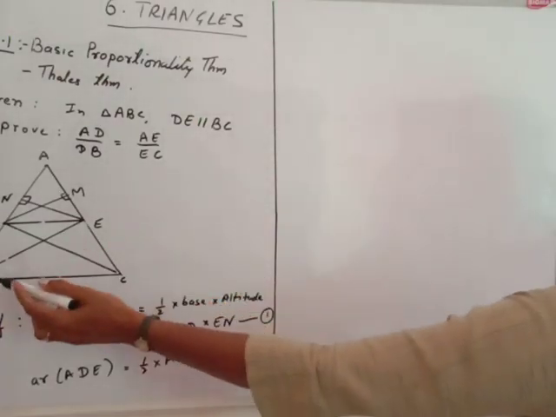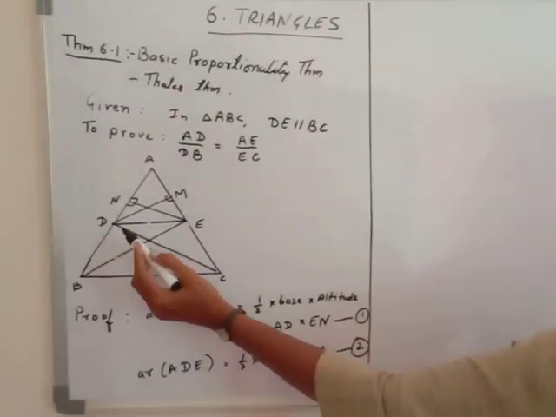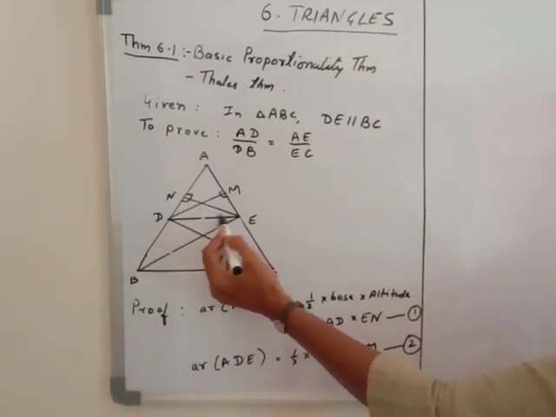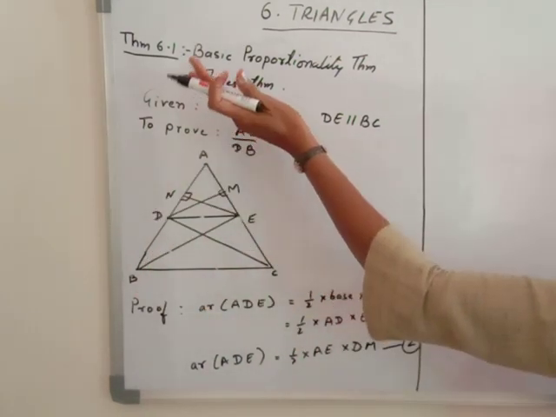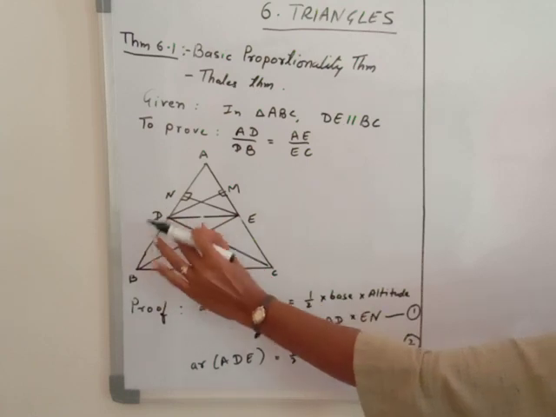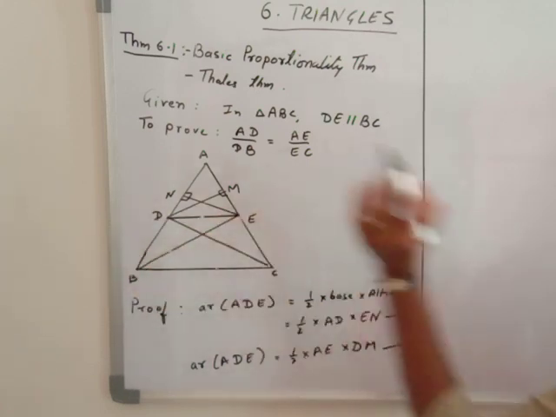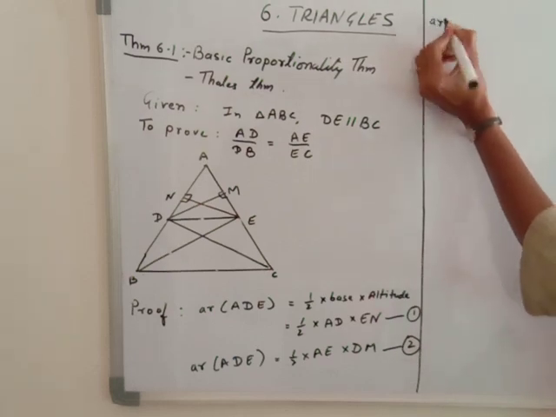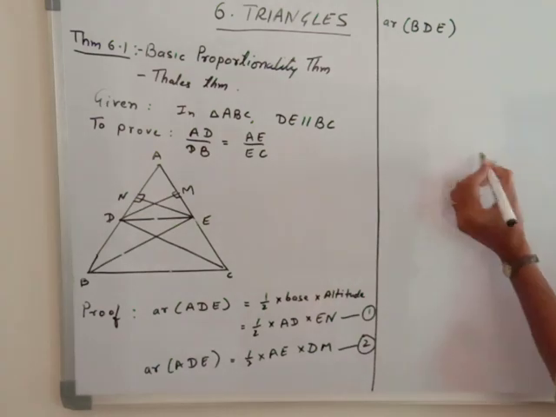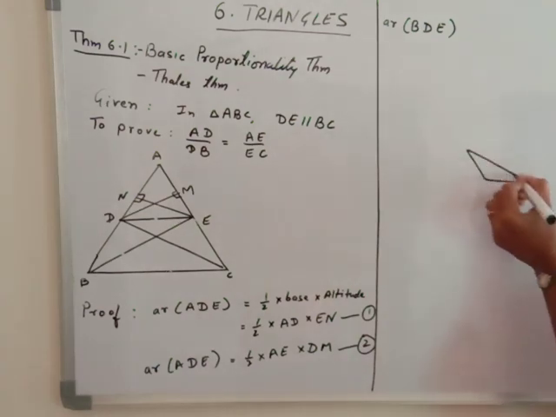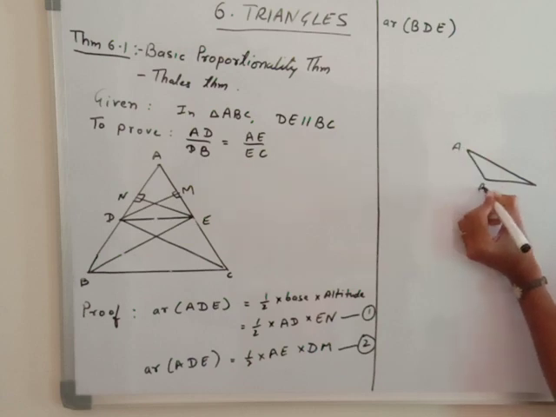Now, area of BDE. Now I want to find the area of, try to understand, BDE, the triangle which is downward. ADE is over. Now let's talk about this. Now suppose this is a triangle, and I want to find the area of this ABC.